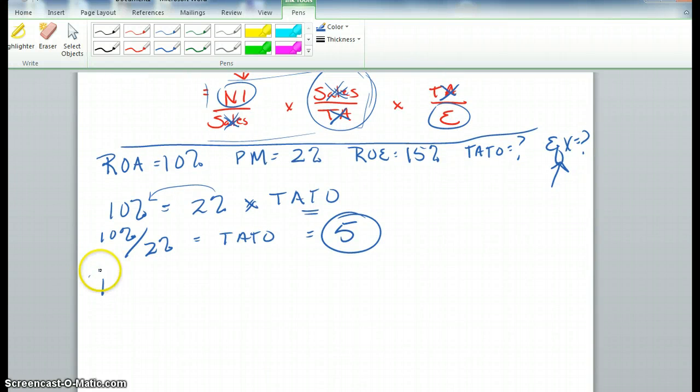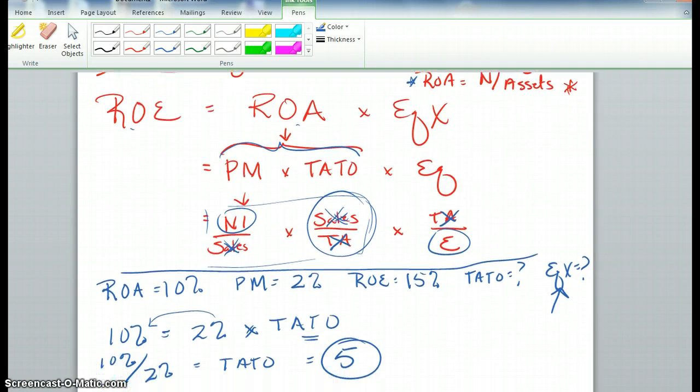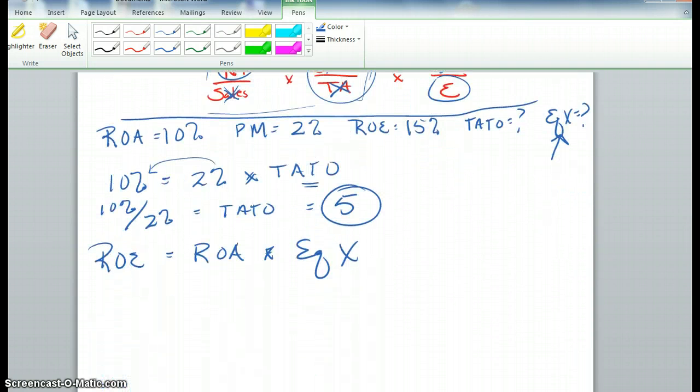It looks tough when you look at the problem, because unless you're thinking about the DuPont equation, I don't think you'd be able to solve it. But ROE equals ROA times the equity multiplier. We're given ROE of 15%. We're given ROA of 10%, and we can solve for X.